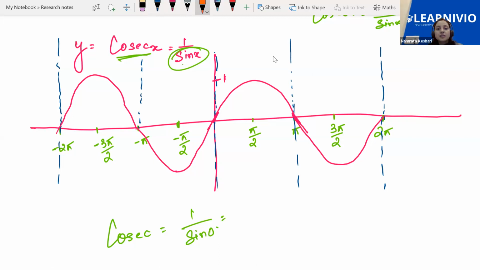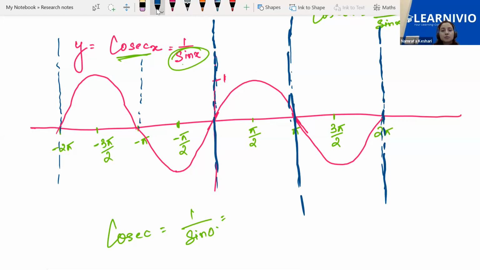Yes, ma'am. Now we are plotting the cosec theta graph. So let's reverse the graph. The same graph will get reversed.